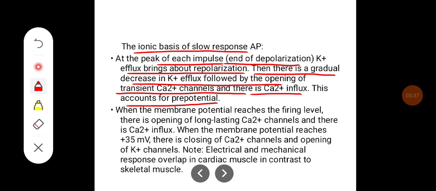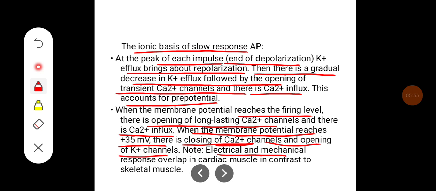When the membrane potential reaches the firing level, there is opening of long lasting calcium channels and there is calcium influx. When the membrane potential reaches plus 35 millivolts, there is a closing of calcium channels and opening of potassium channels. Note that electrical and mechanical responses overlap in cardiac muscle in contrast to skeletal muscle.